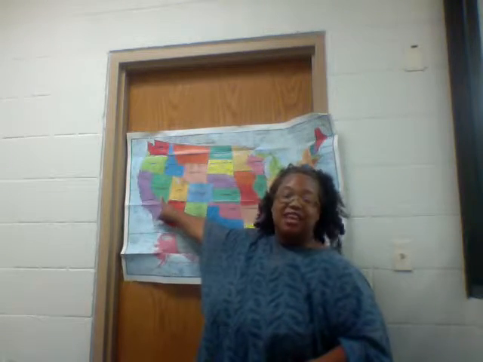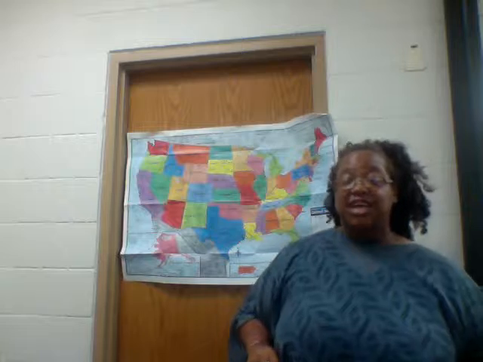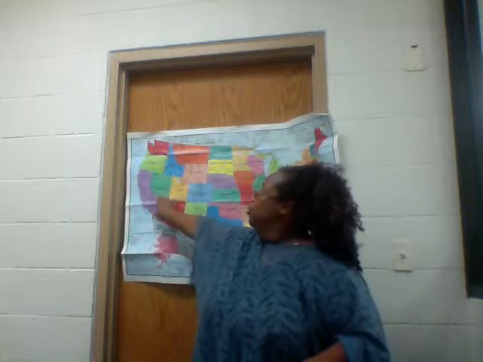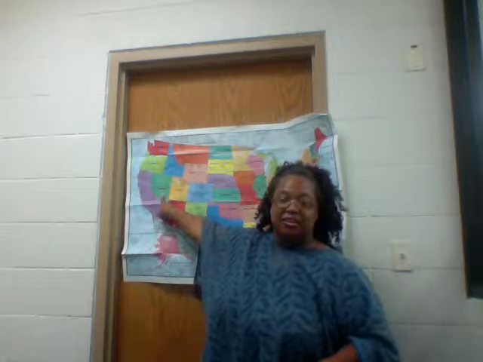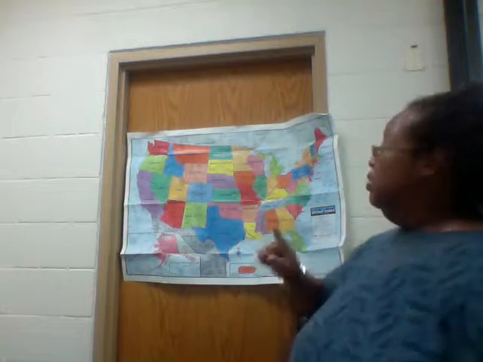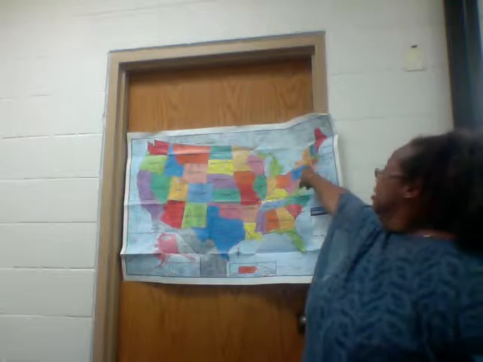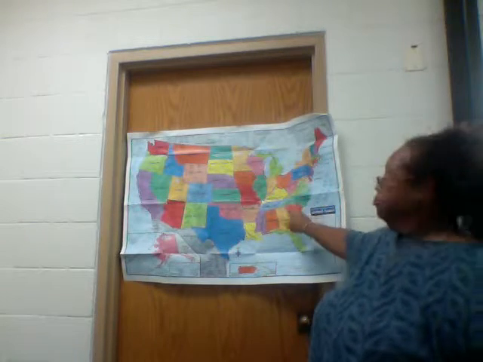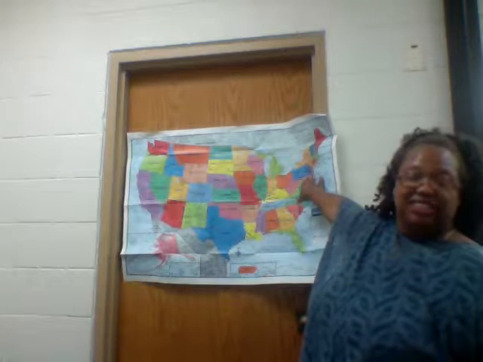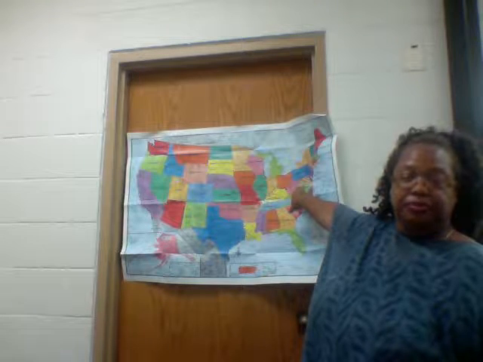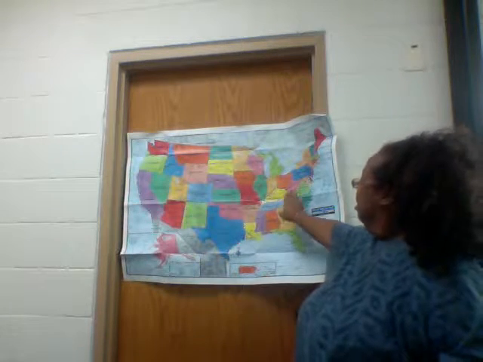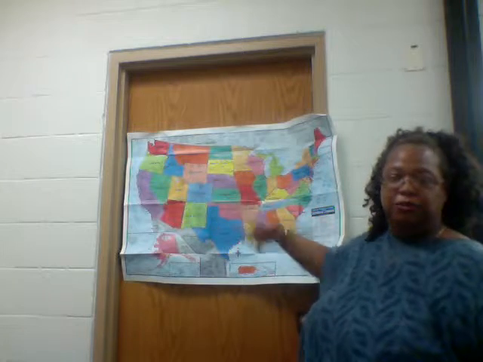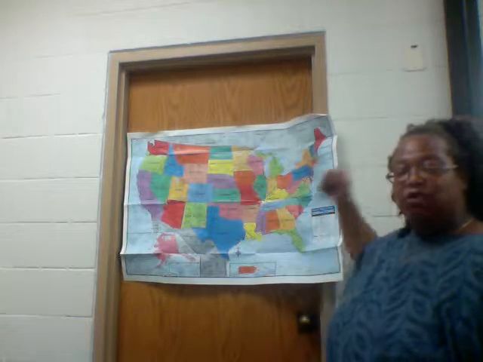So if someone says that they are going to Las Vegas, they are going to Nevada. So they're going out west. Good? Okay? If someone says that they are going out east, they're going to New York, Washington, D.C., West Virginia, Ohio. That is out east.